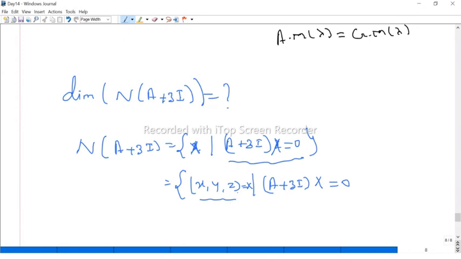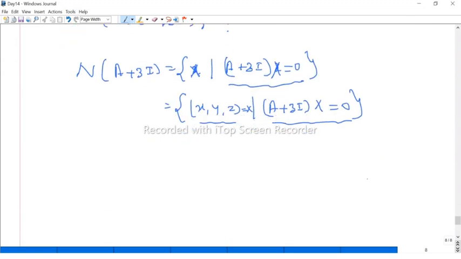Now here we have three unknowns. Using this condition, we try to eliminate some unknowns. Now consider this equation (A plus 3I) X equal to 0.